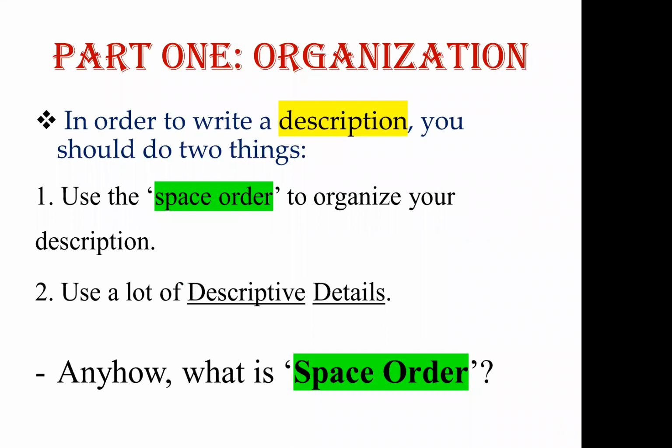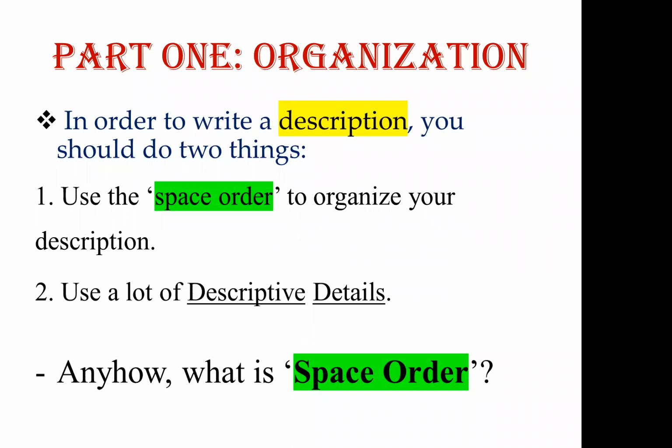In order, right now we'll be starting with organization. Each unit has a part one, which is organization. We always talk about this. In order to write a description or a descriptive paragraph, you should do two things. First, you should use the space order to organize your description. Before this chapter, we talked about the time order, okay, and we also talked about another order.